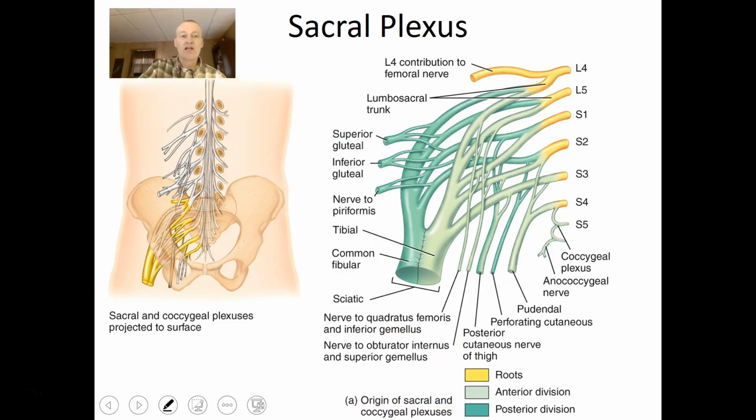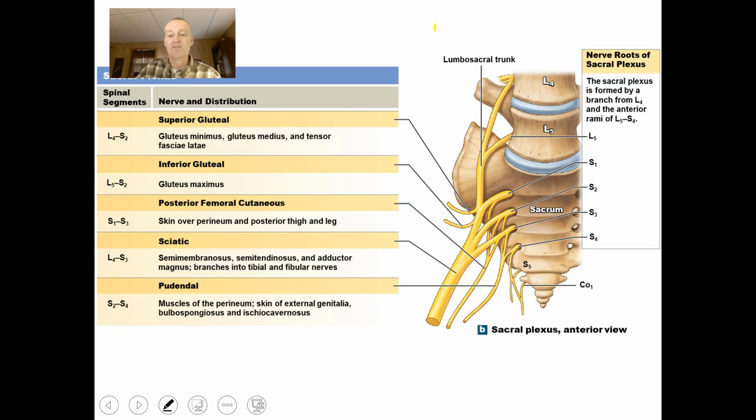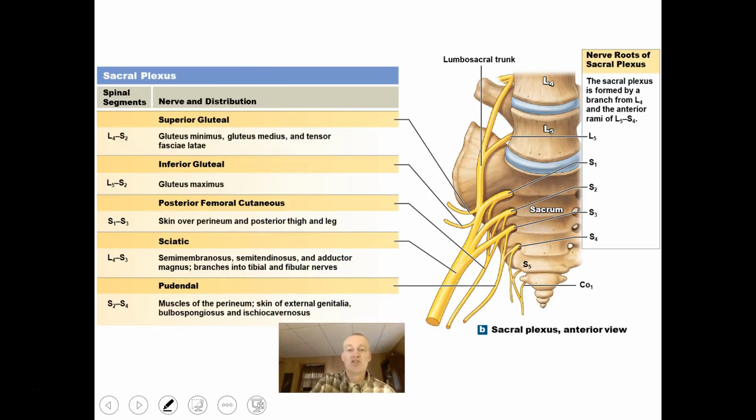Sacral plexus, again, is servicing a lot of leg muscles. So because we have so many muscles, we have a plexus of nerves there. And it's just a beautiful network. Sometimes these nerves can get pinched and cause various kinds of problems like sciatica. And again, just showing you some of the nerves and what they service.